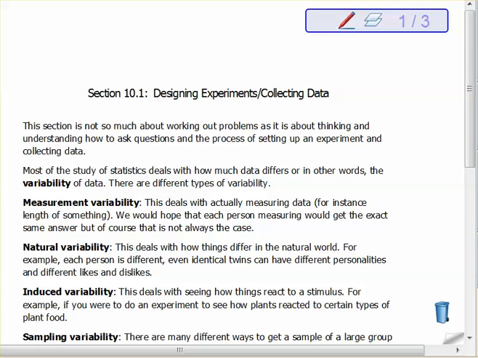That's measurement variability. Then we have natural variability, which is how things differ in the natural world, just by nature. My example, and the example they used in the book, was even identical twins, which we think of as being absolutely identical. Well, they're truly not. They're different.